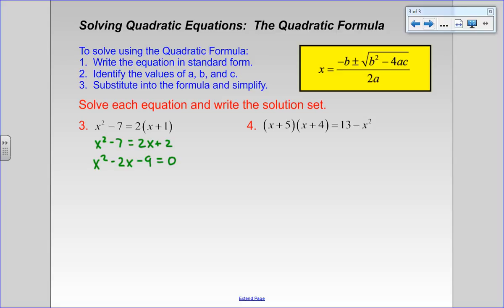Since the equation is in standard form, we can see that a is 1, b is negative 2, and c is negative 9. And we can substitute these values into the quadratic formula.